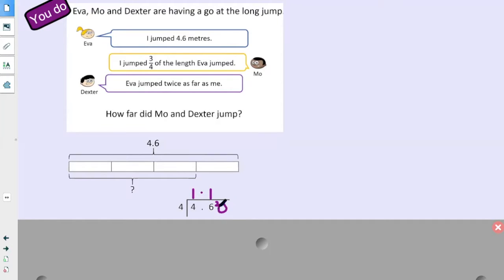And if we reflect back on yesterday's lesson, we know that we can exchange the 2 remaining tenths for 20 hundredths. So 4 into 20, 4, 8, 12, 16, 20 goes 5 times. So our answer is 1.15. That's how much each of these segments are worth.